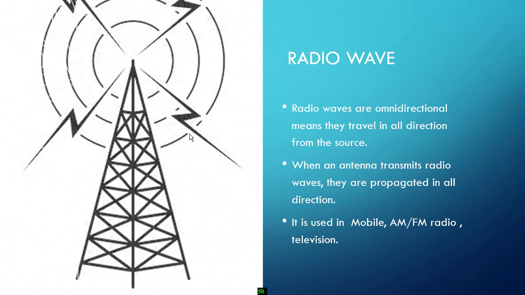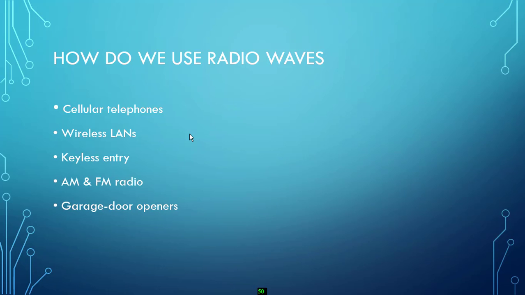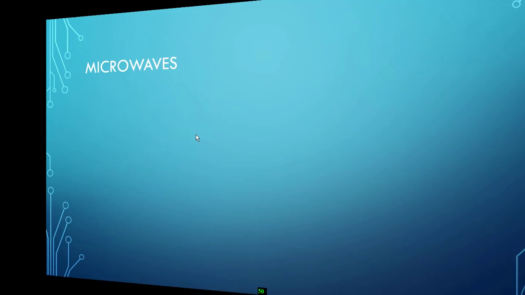As I said in the previous slide, microwaves are a sub-part of radio waves. How do we use radio waves? Cellular telephones, wireless LANs, keyless entry, AM, FM radio, garage door opener, satellite radio, microwave oven, police, satellite tracking and communications. Now see the example of radio waves.